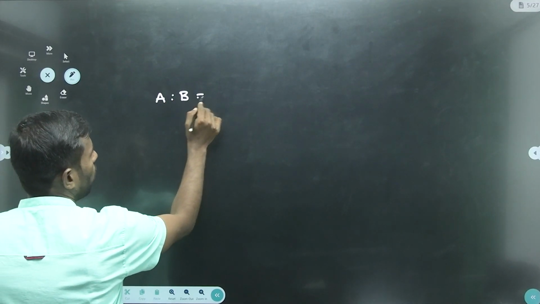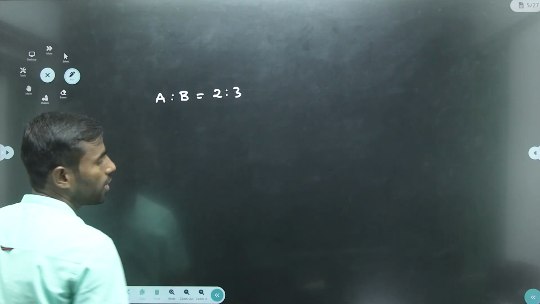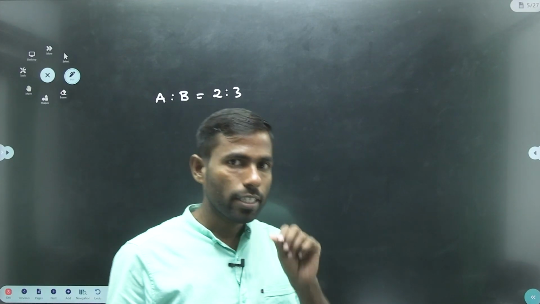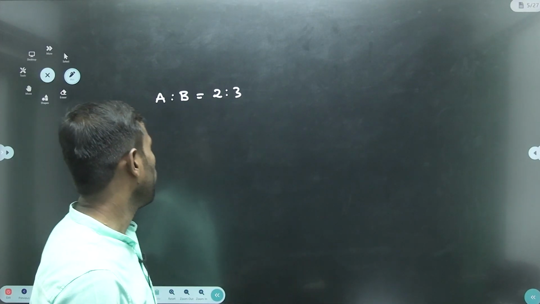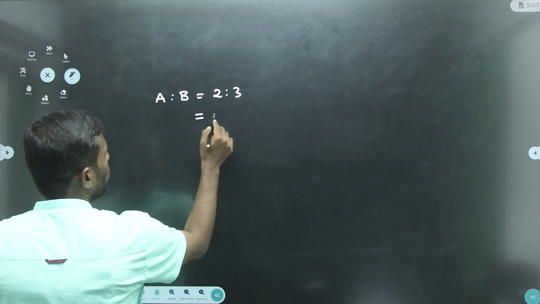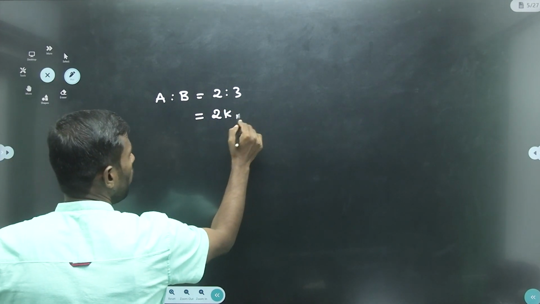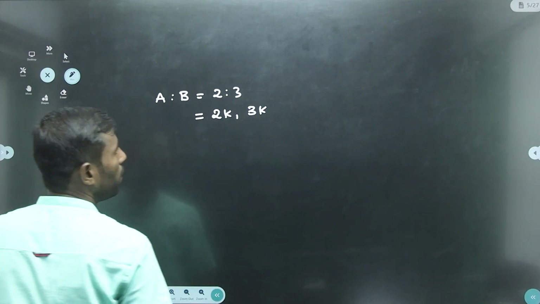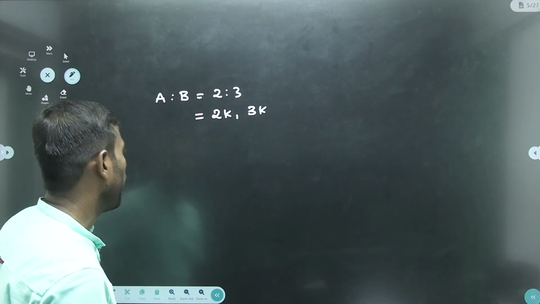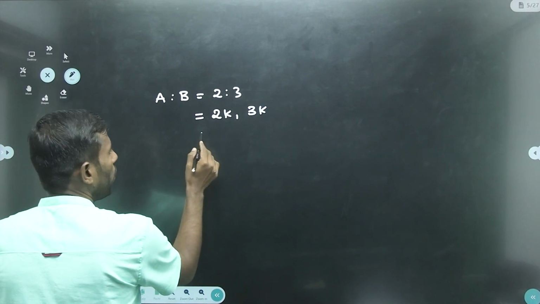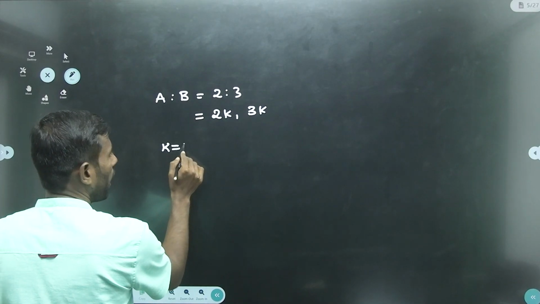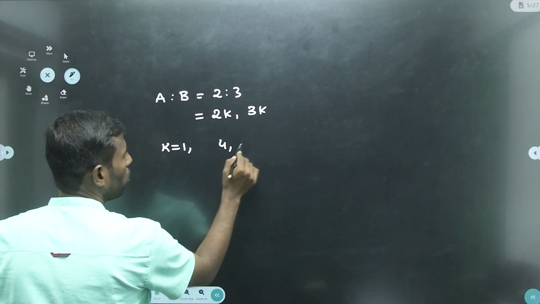A is to B is, I told you, 2 is to 3, right? I give an example: A is to B is 2 is to 3. What does it mean exactly? That means A is a multiple of 2 and B is a multiple of 3. A is 2K, B is 3K. K can be any number. If you take K equal to 2, 2 twos are 4, 2 threes are 6.